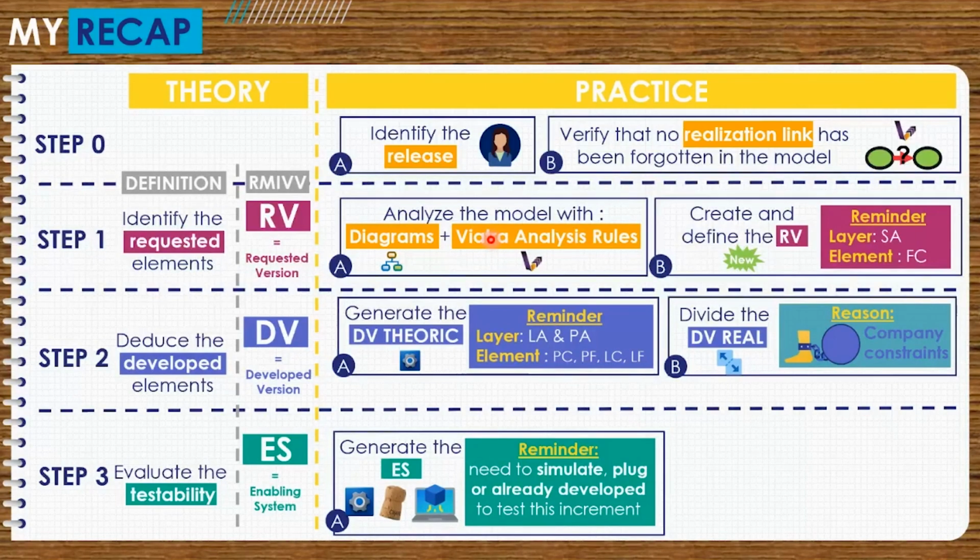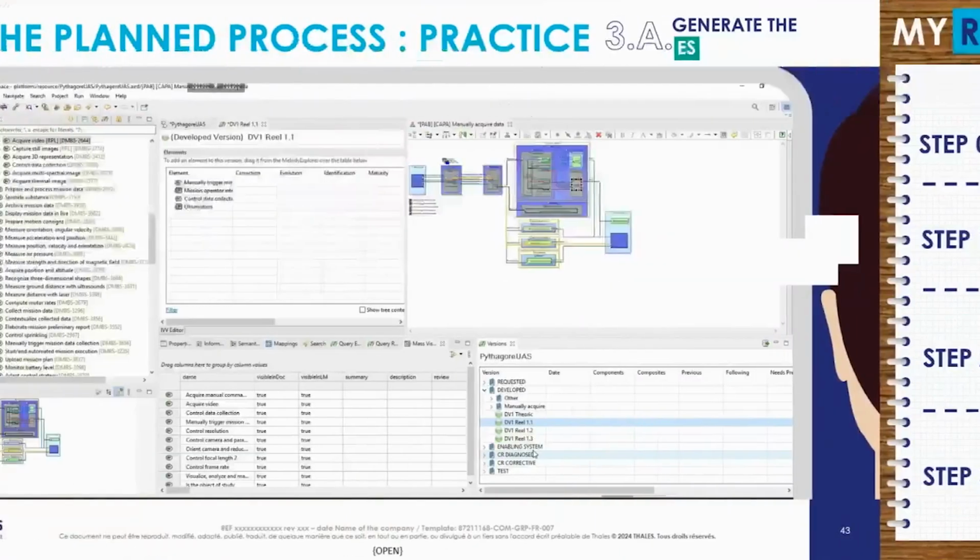These are the elements that need to be blocked, simulated, or developed before testing. This category is called enabling system. As with version, the elements appear in an array, but we cannot state this is a version. It's rather a parallel concept. It assesses the external boundary of the increments, a bit like stakeholders of the increments.